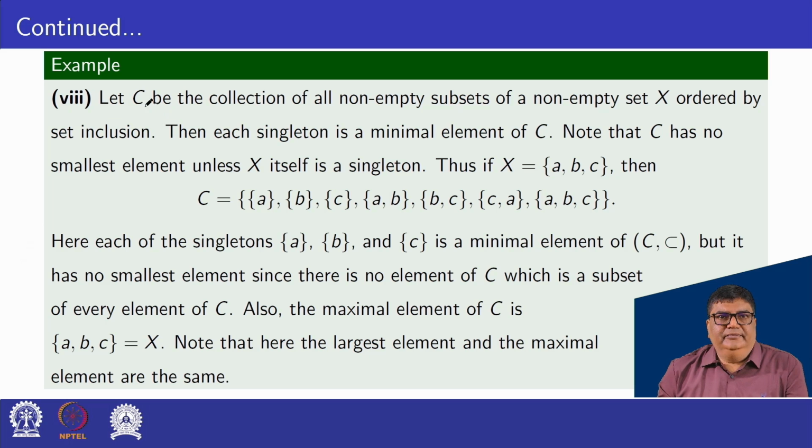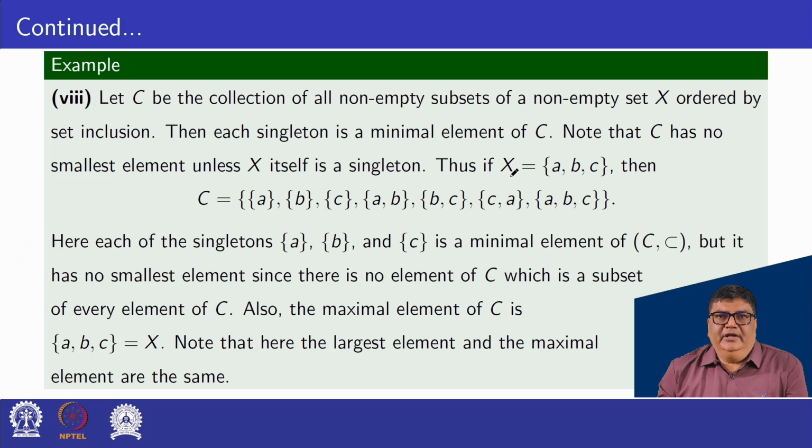Next example. Let C be the collection of all non-empty subsets of a non-empty set X, ordered by set inclusion. Each singleton is a minimal element of C. Note that C has no smallest element unless X itself is a singleton.